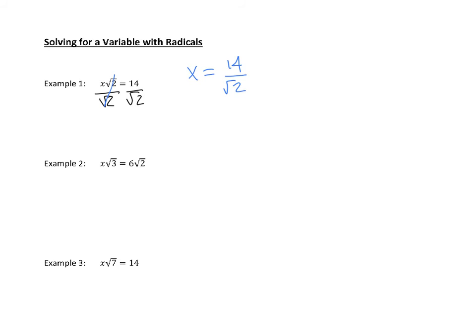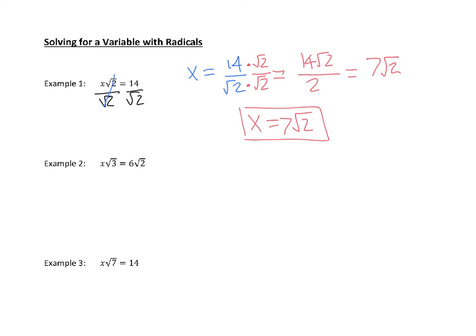So here's where the little extra steps come into play. I got to multiply here now, the top and the bottom, by the radical that's in the bottom, which is square root of 2. So we get 14 square root of 2 over square root of 2 times square root of 2 is just 2. Now, let's reduce the whole numbers. 14 divided by 2 reduces to 7. Don't forget the square root of 2. So, x equals 7 square root of 2.